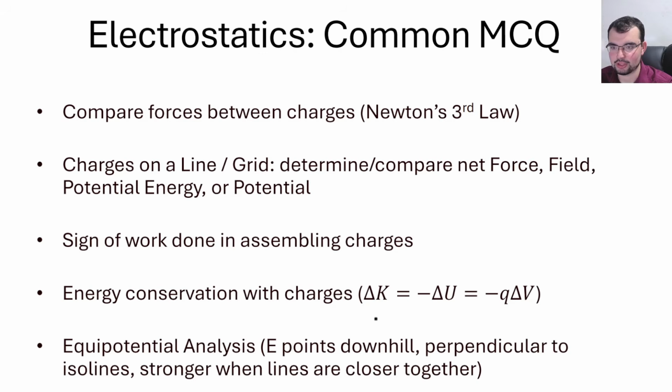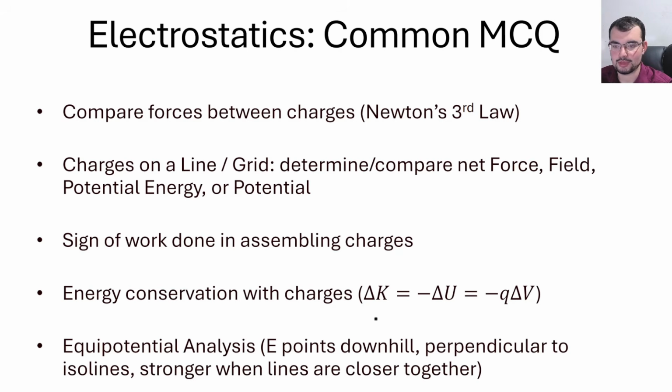You can imagine we put charges on a line or in 2D, and you have to do something about one of the four electrostatics quantities. Sign of work, that's a big one. We look at the sign of the work done by the field versus the external force.